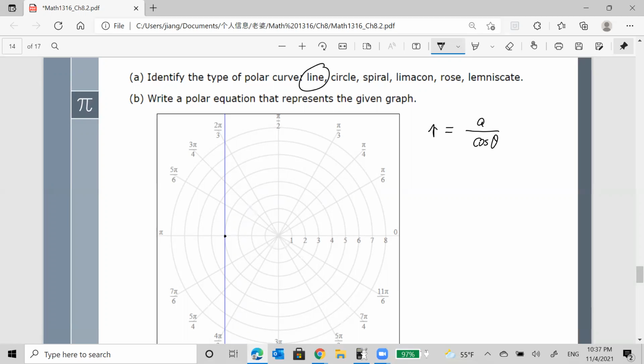So a is negative 4. This one equals negative 4 over cosine theta. So this is the expression for this vertical line. Write a polar equation that represents the given graph. Yes, we write the polar equation r equals negative 4 over cosine theta.